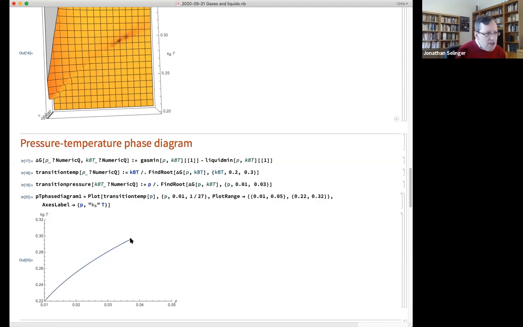It occurs at the critical pressure there and the critical temperature there, which I will calculate for you on Wednesday. So this is the critical point. And beyond the critical point, no more phase transition. You just have some smooth evolution between gas and liquid with no sudden jump.